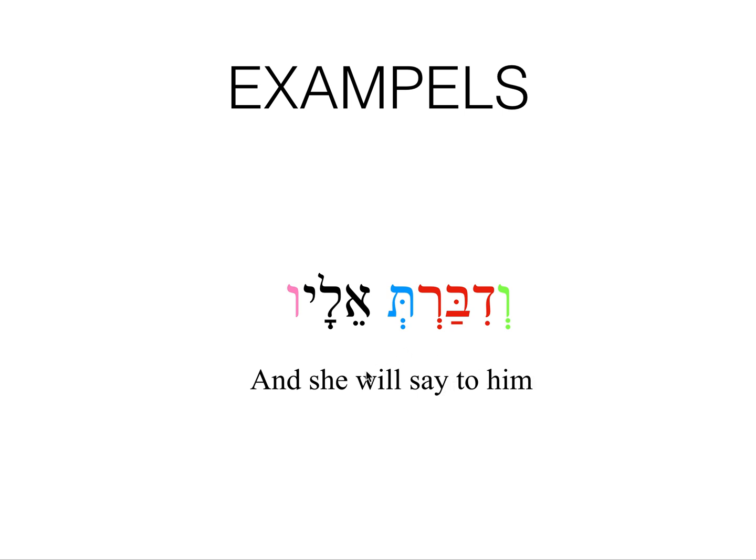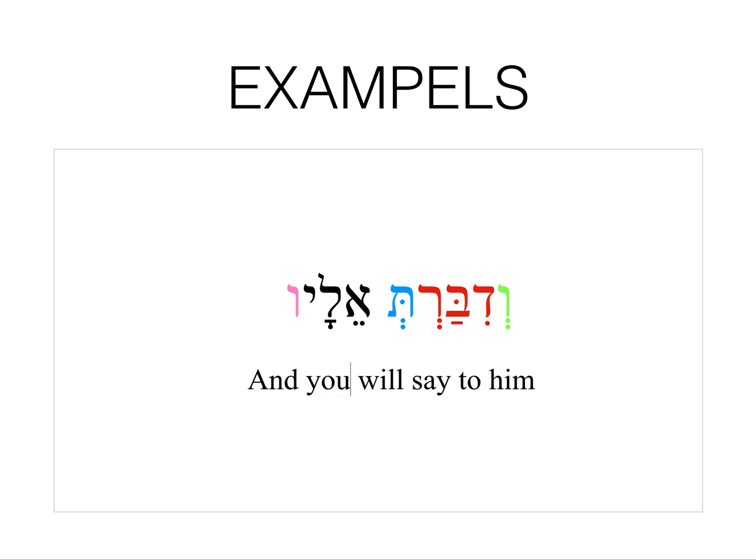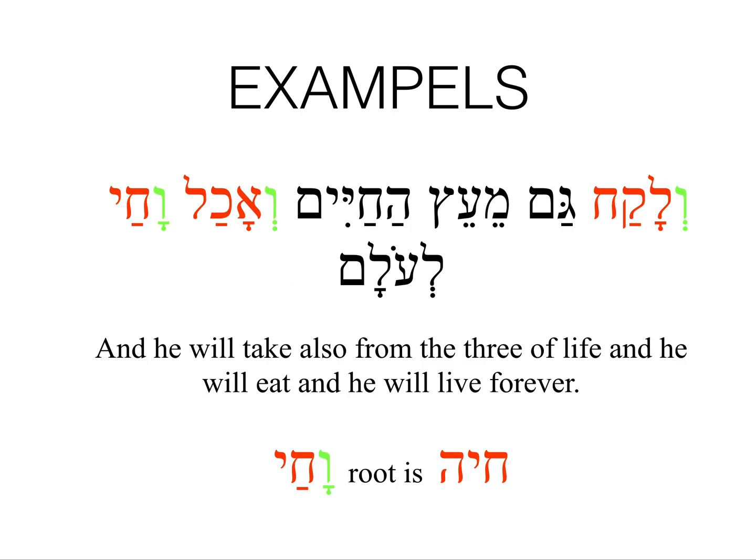So, I'm sorry, it's not she, it's, and you will say to him. This is a feminine. So notice that without the vav, the sentence would read, and you said to him. But because we have the vav, the completed action is going to happen in the future, and you will say to him. Next example.